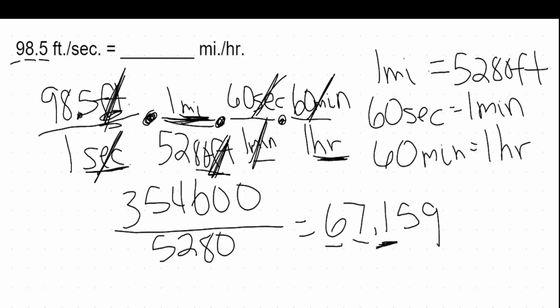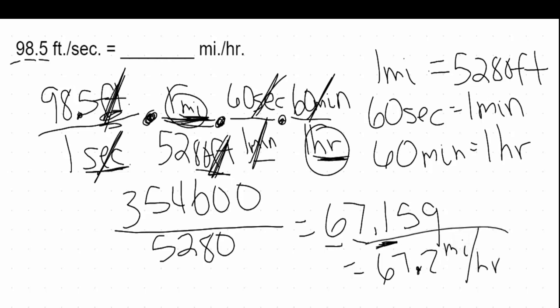So that 67.159 is actually going to be 67.2. And all the units canceled except for miles per hour. So we have 67.2 miles per hour here as our final answer.